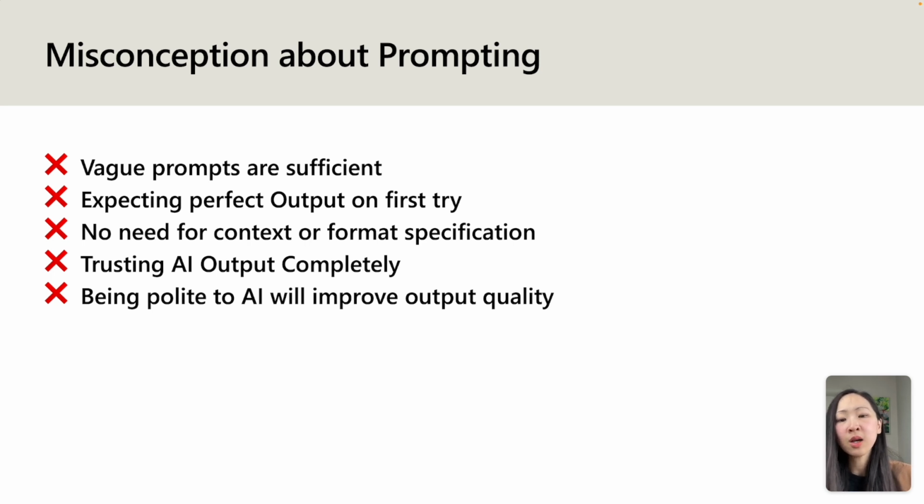Another misconception is that being polite to AI will improve the output quality. In fact, AI is based on reinforcement training. It understands human language, so if you say, oh, this is a good response, this is excellent, you are reinforcing it to produce similar results.